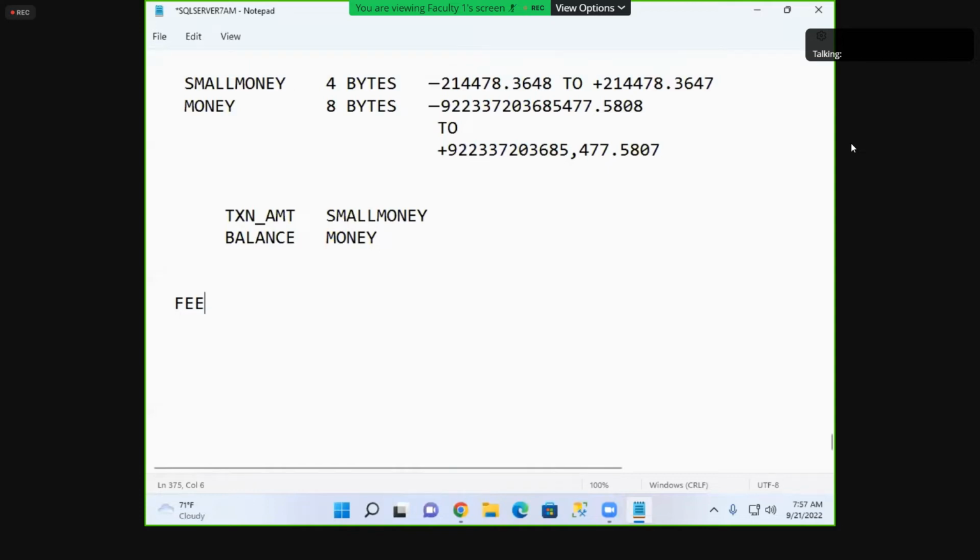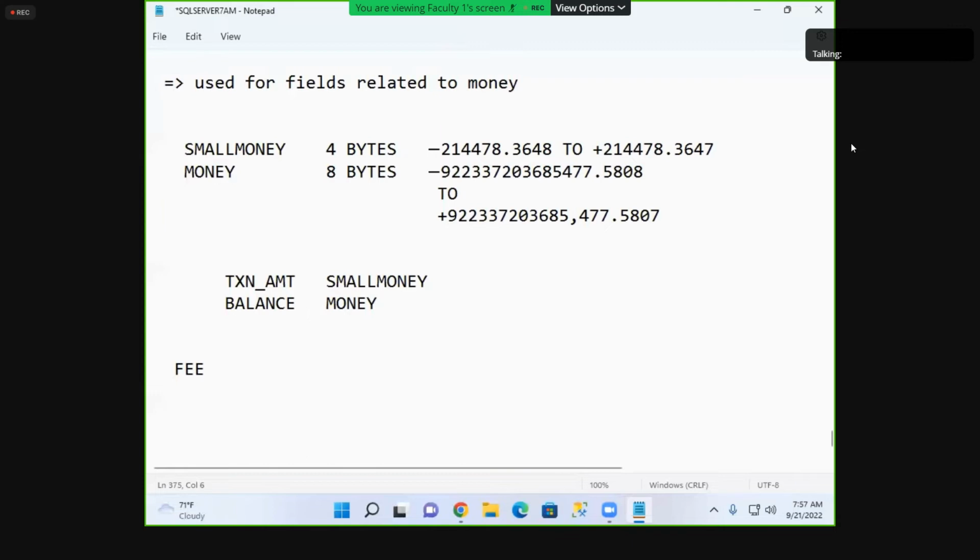Suppose the fee paid by the student. Which data type do you recommend? Fee is related to money, so use smallmoney.